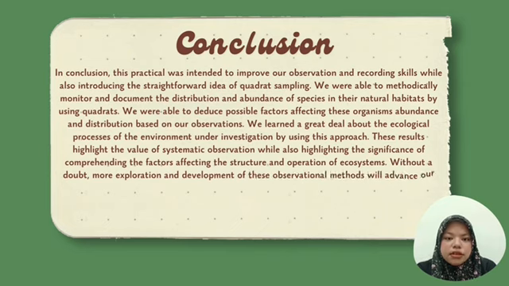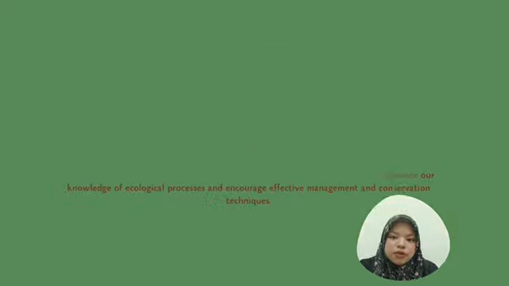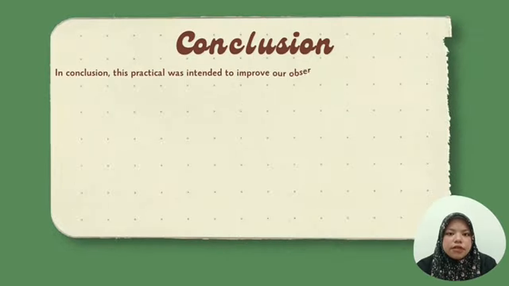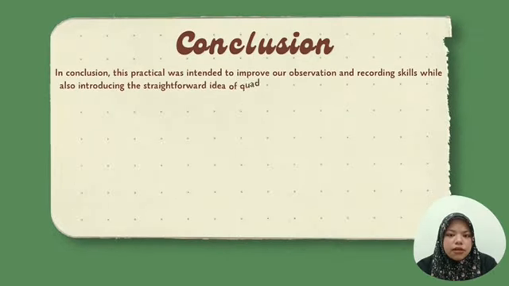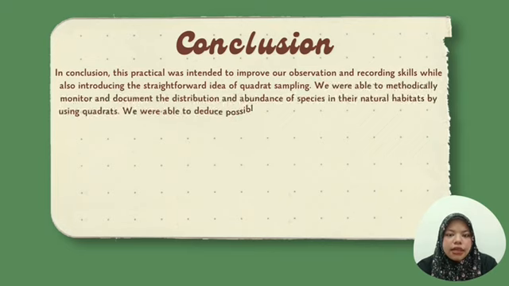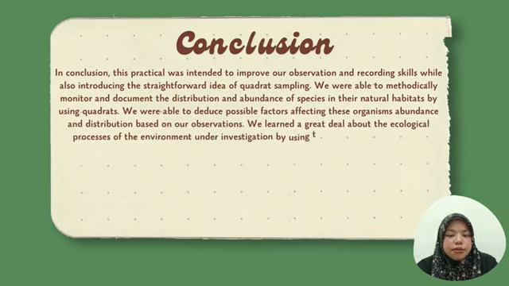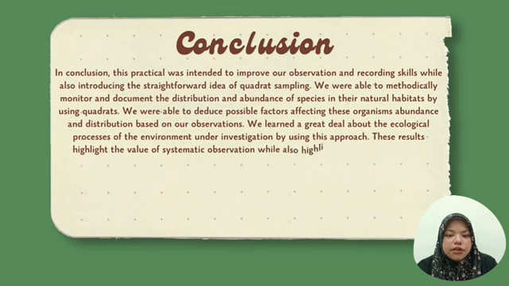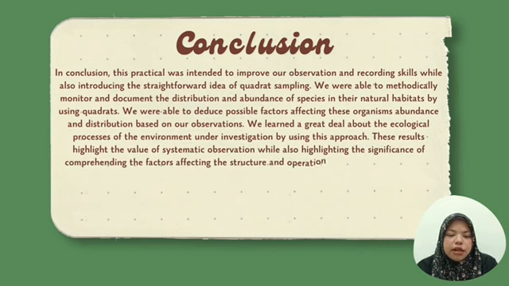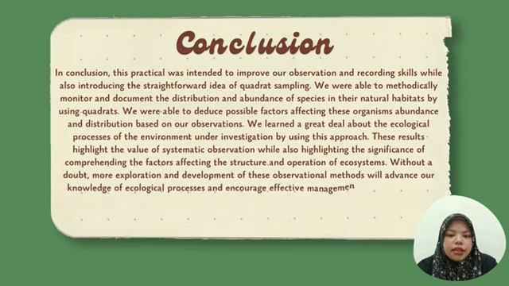We learn a great deal about the ecological processes of the environment and the investigation by using this approach. These results highlight the value of systematic observation while also highlighting the significance of comprehending the factors affecting the structure and operation of ecosystems. Without a doubt, more exploration and development of these observational methods will advance our knowledge of ecological processes and encourage effective management and conservation techniques.